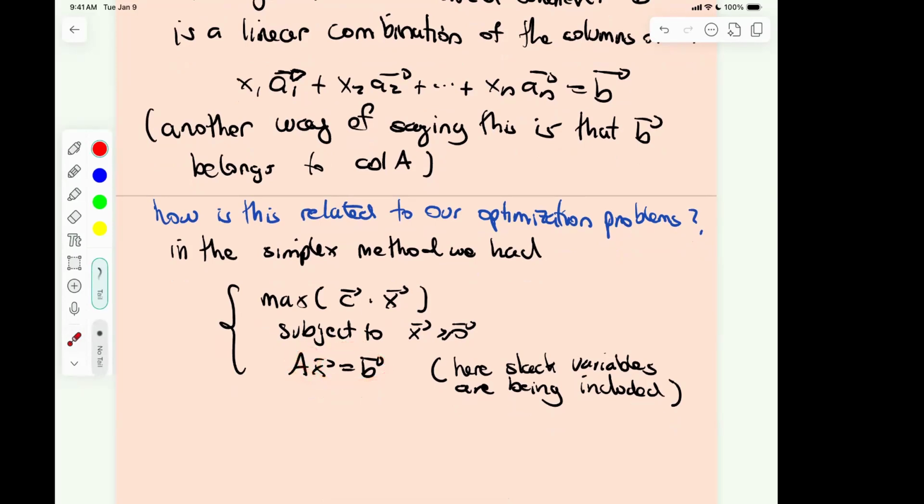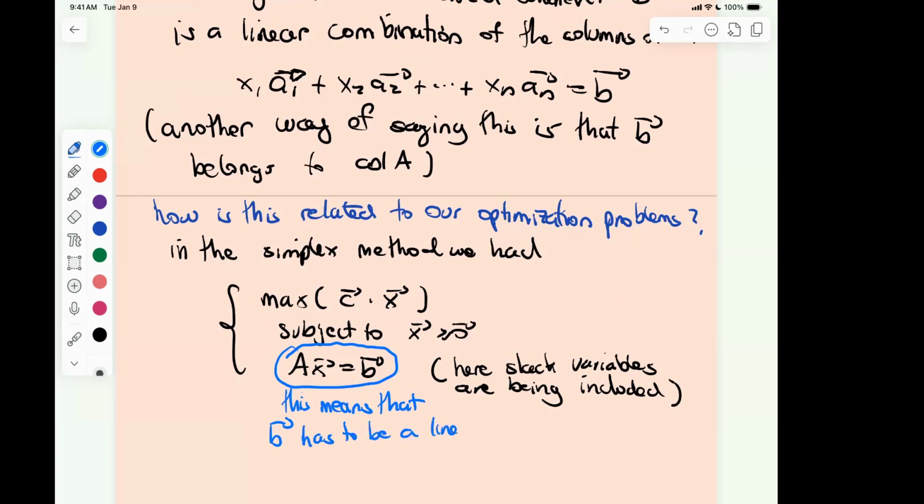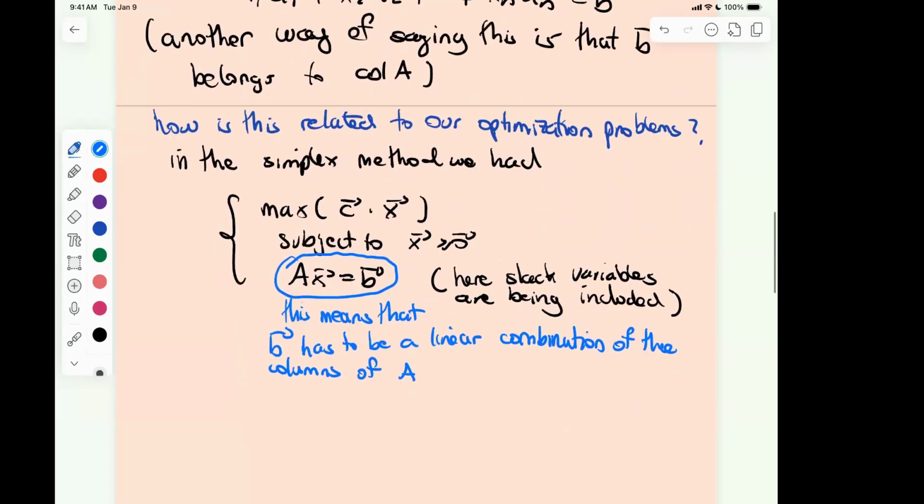So this part, because of what we just said, means that b has to be a linear combination of the columns of A, right?